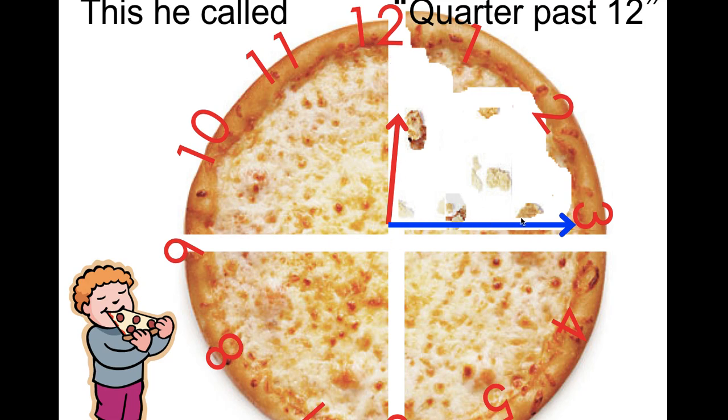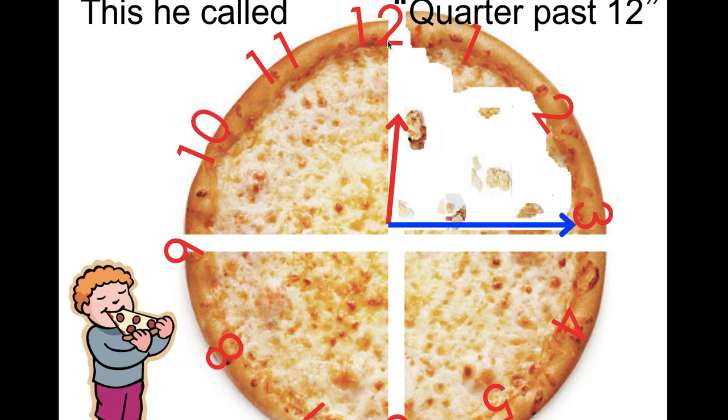The minute hand is at the 3, but we don't say it's 12, 3 o'clock. Remember, we skip count. We have 0 up here, 5, 10, 15. So it is 12:15. Another way we can say 12:15 is a quarter past 12.